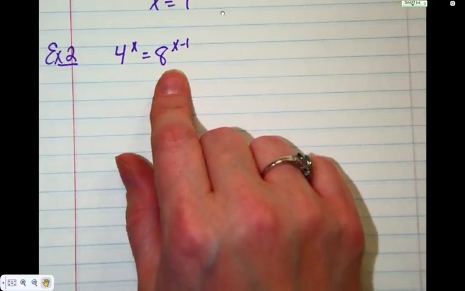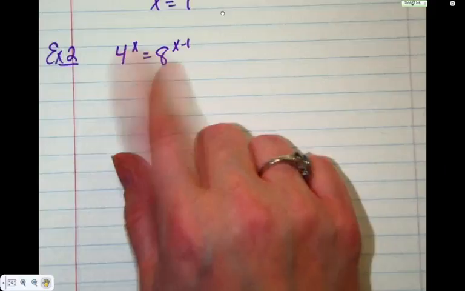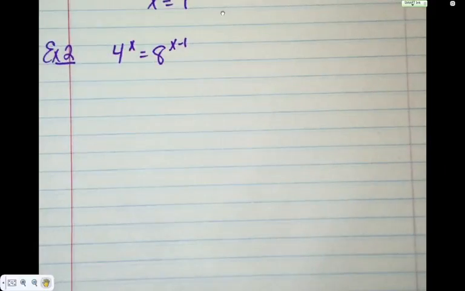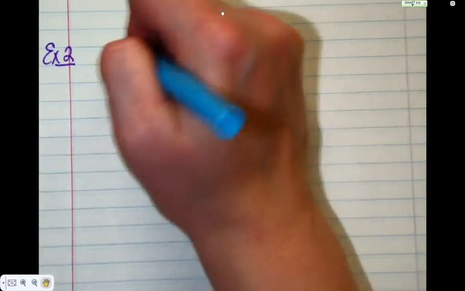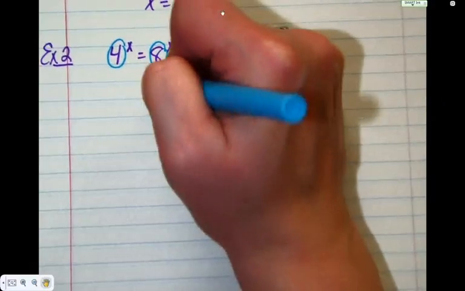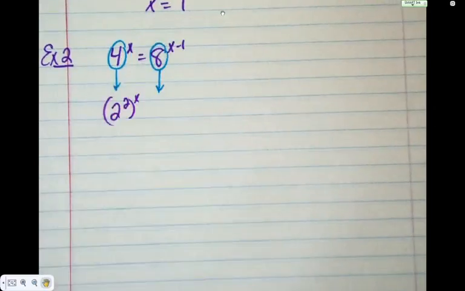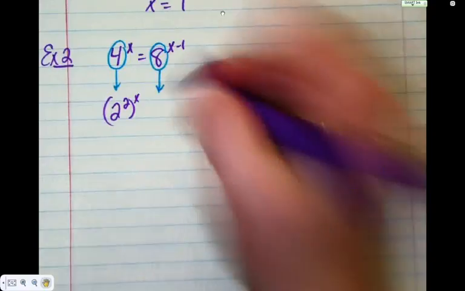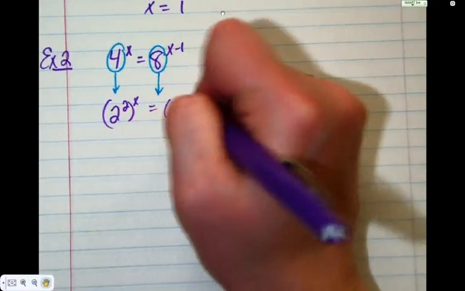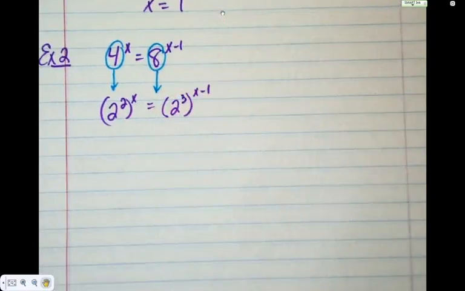Can I change 8 into 4? No, but what can I do with both 4 and 8? So the 4 is going to become 2 squared. And I like to bracket when I substitute. And 8's going to become 2 cubed. Sometimes you have to change both to get a common base.